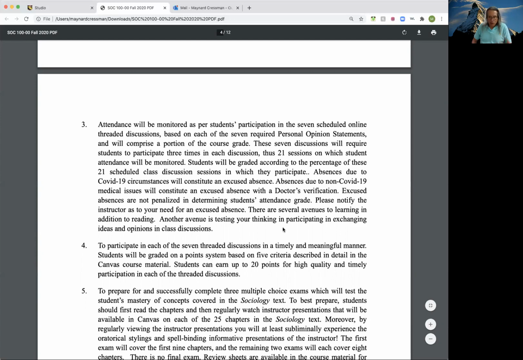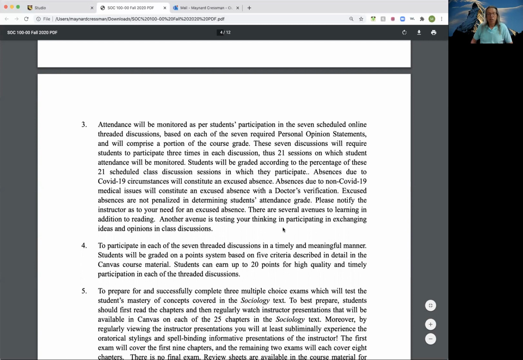And so if you do all 3 posts times 7 discussions, you will get a 100% for your class attendance. If you got 19 of the 21 posts done, then your attendance grade will be 19 divided by 21. Quick, what is that? I don't know, but that's how it will work. It will be based on the percentage of times you participated.